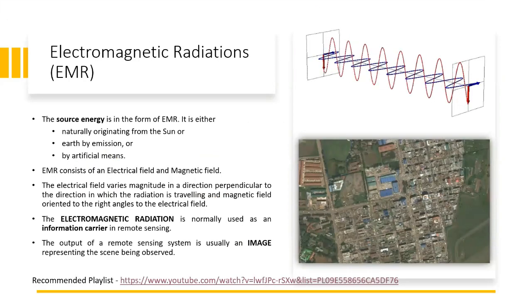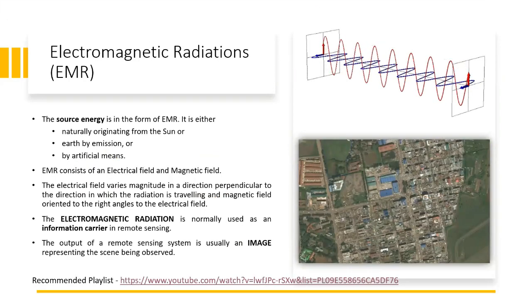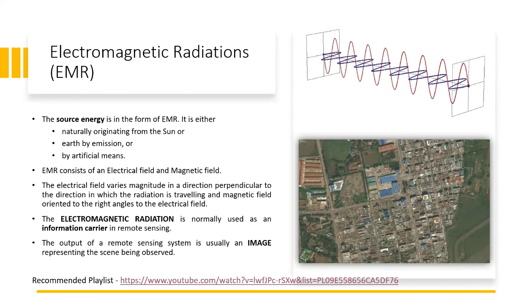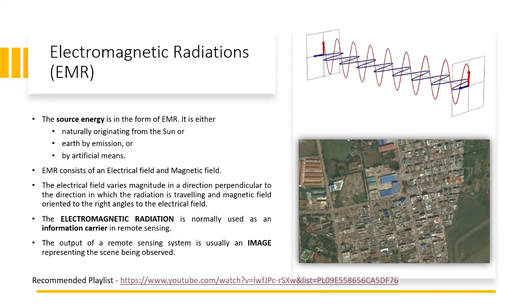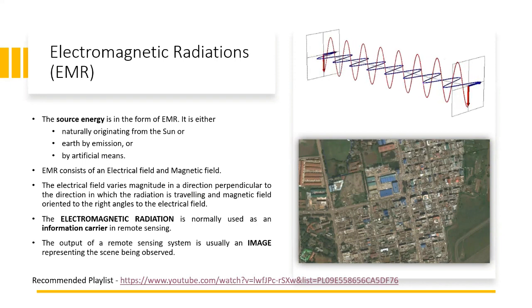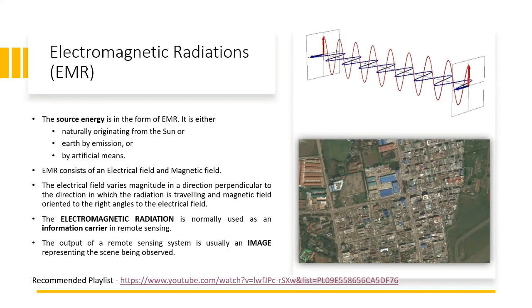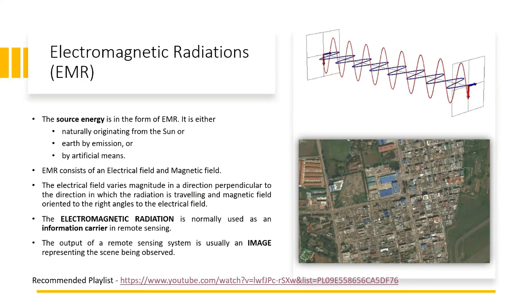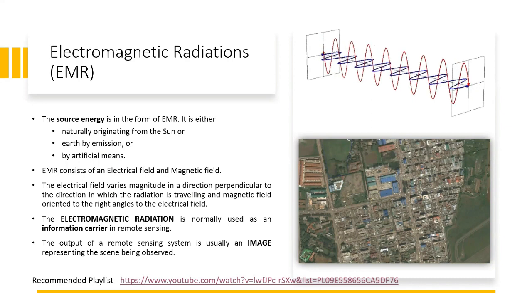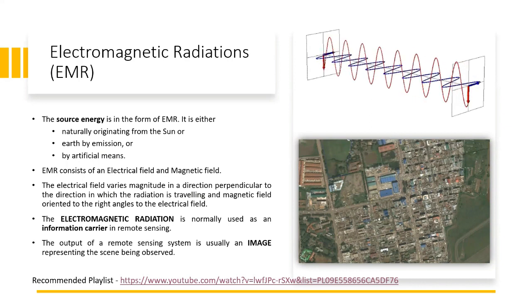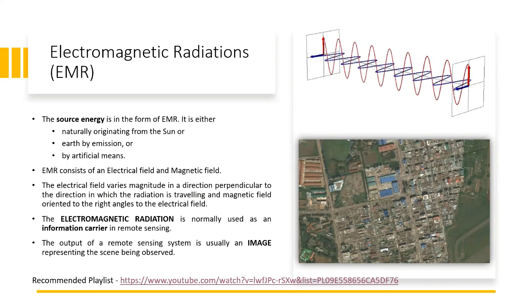So how does remote sensing work? We know the source is light, but how? The source of remote sensing images is electromagnetic radiation, which comes either from the sun, naturally originating, or by emissions from Earth, or by artificial means.